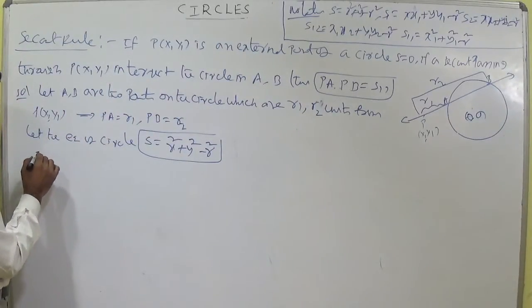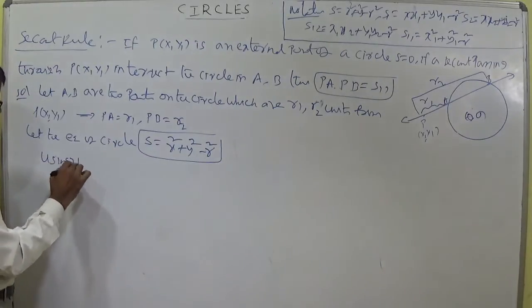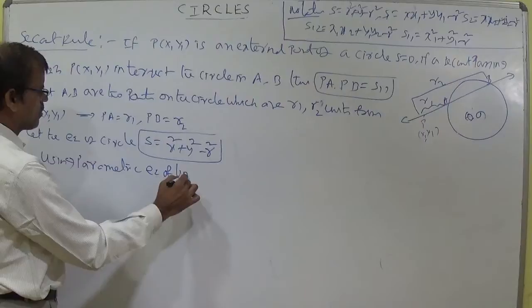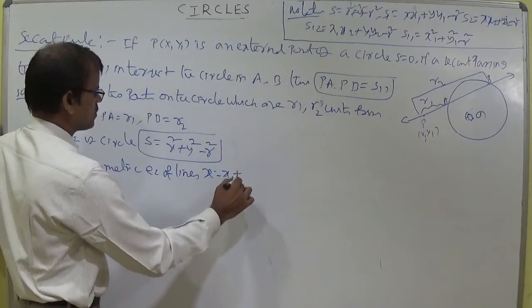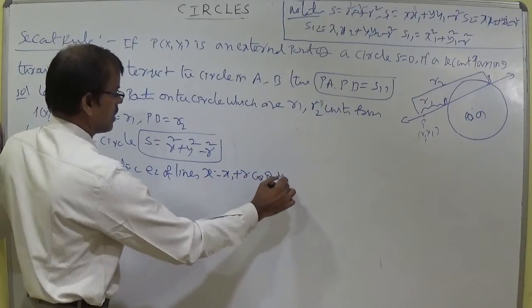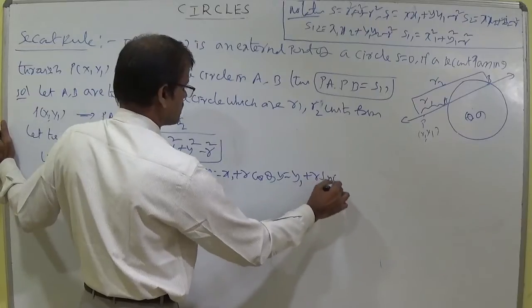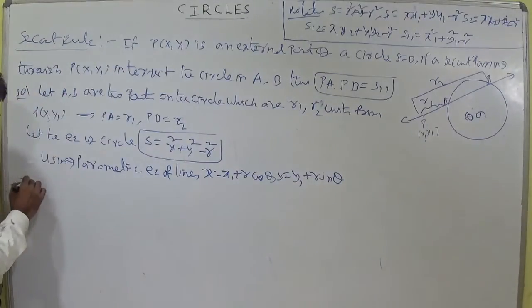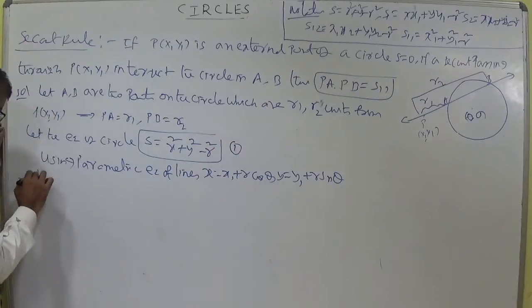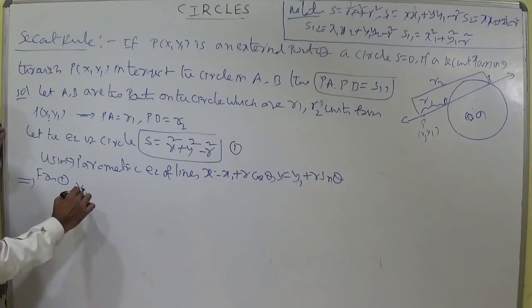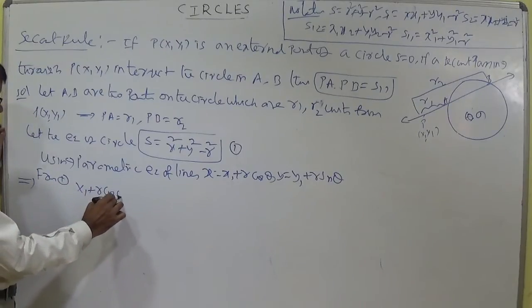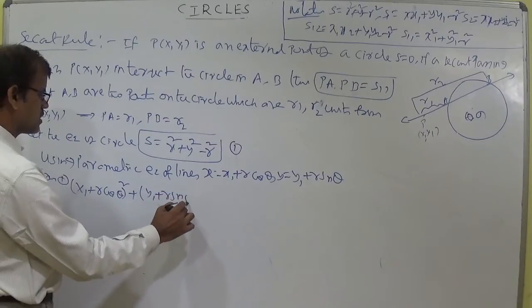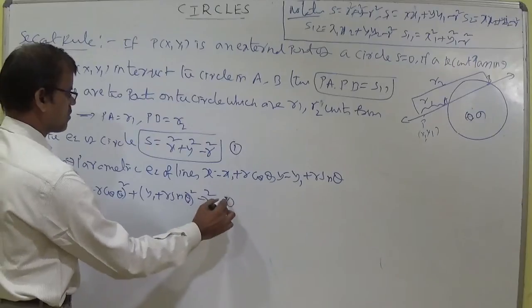Now, using the parametric equations of a straight line, x = x1 + r cos theta and y = y1 + r sin theta, depending upon x1, y1, using those x and y points, from equation 1 we can write (x1 + r cos theta) whole square + (y1 + r sin theta) whole square - r square = 0.